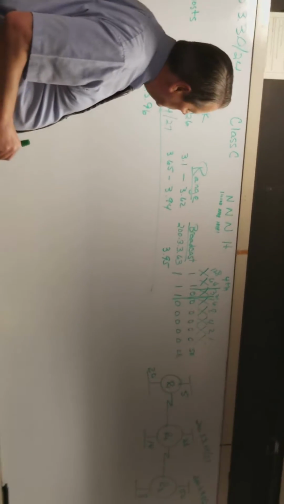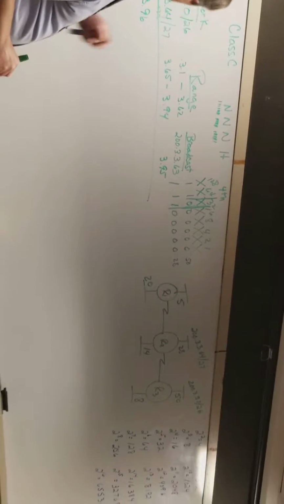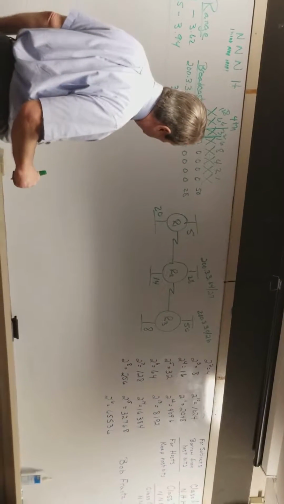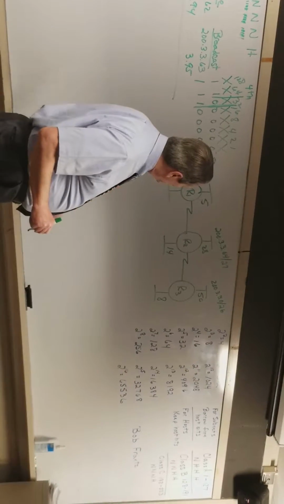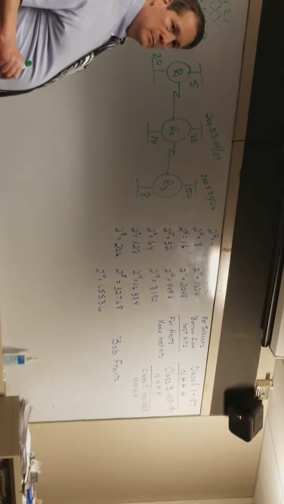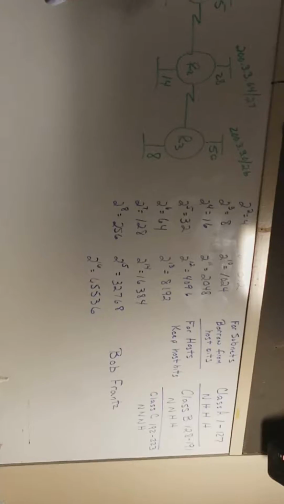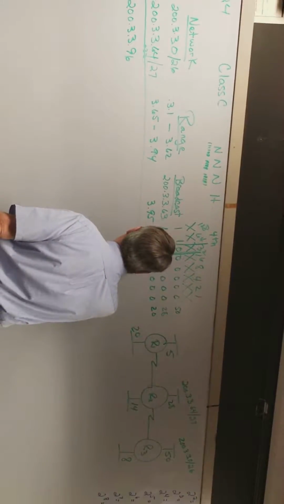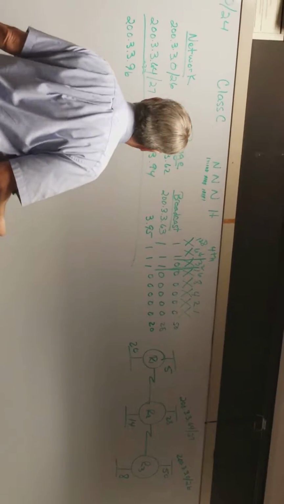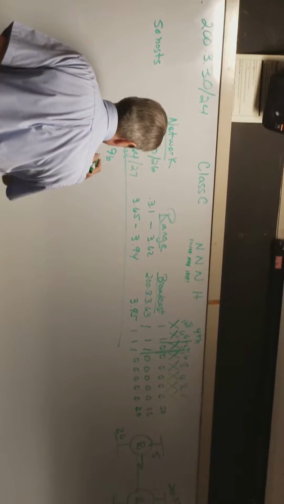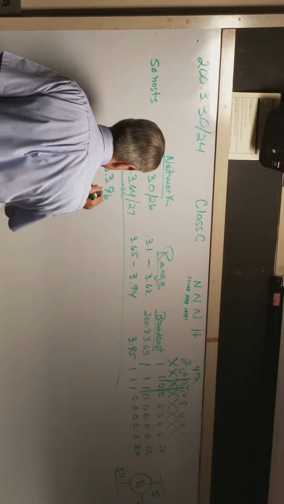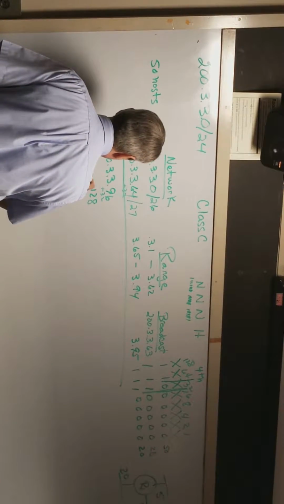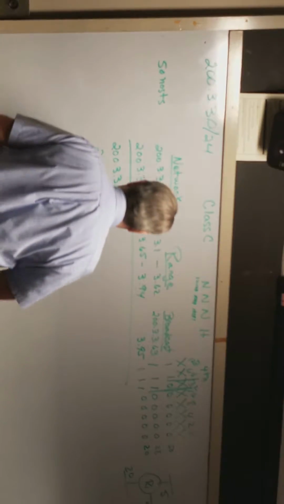What's my next highest number? 20. Where's that on my chart? 5, same thing. So my number's 32 again. 32 added on to this is going to be 128. So it's going to be 200.3.3.128.